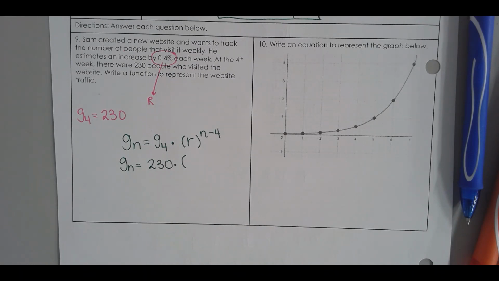It is not 0.4. So it's not 4 over 10? Nope. All right. First of all, it's 0.4%. So that would be 0.004. But it's an increase of that amount.